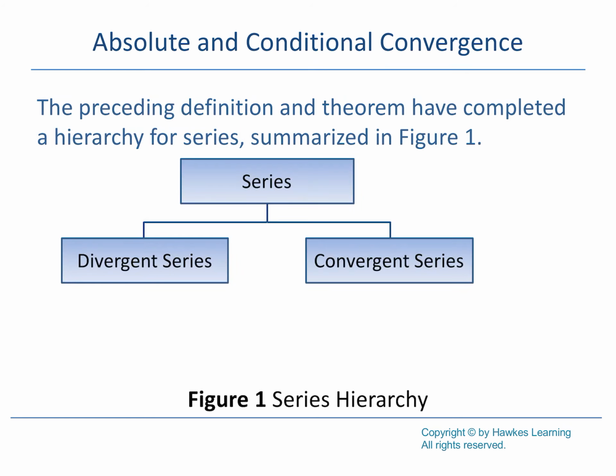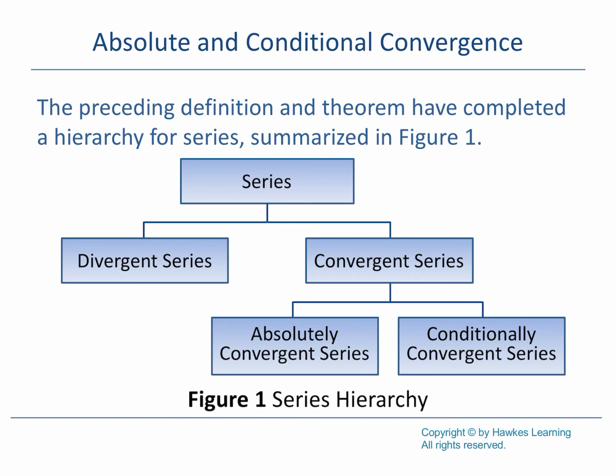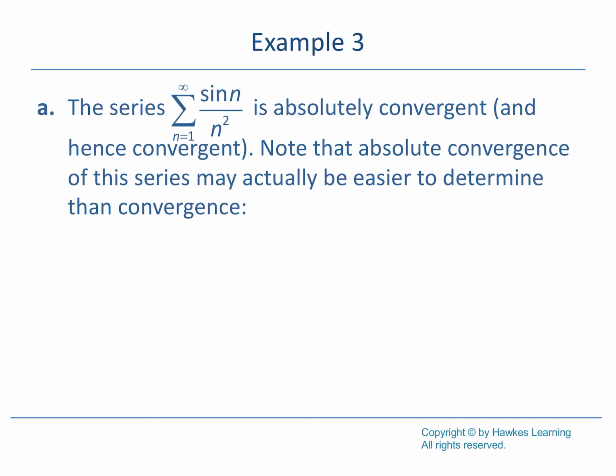Here again is that series hierarchy where we have absolutely and conditionally convergent series. Here are a few examples before we finish. Here we've got this series. And again, we've seen series like this before. This one would be absolutely convergent.